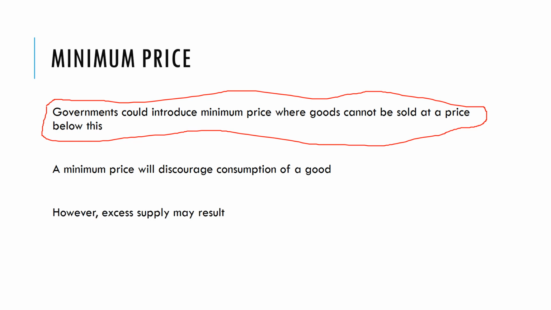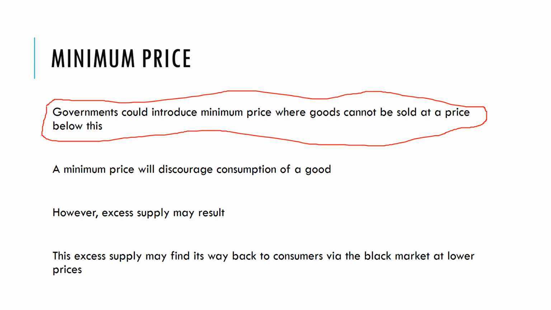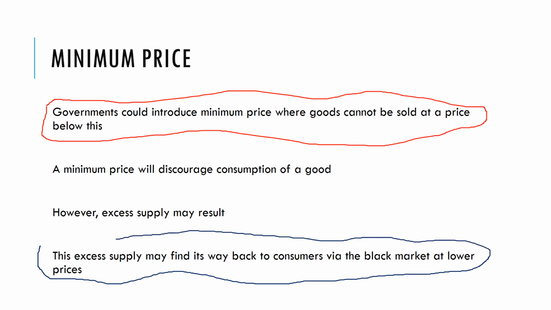However, we must bear in mind that excess supply may result, and something needs to be done with it. It may find its way back onto the market via the black market at lower prices, through the unofficial, illegal markets where it may be sold at a price that's lower than the legal price. So here we have a positive and a negative of this approach.